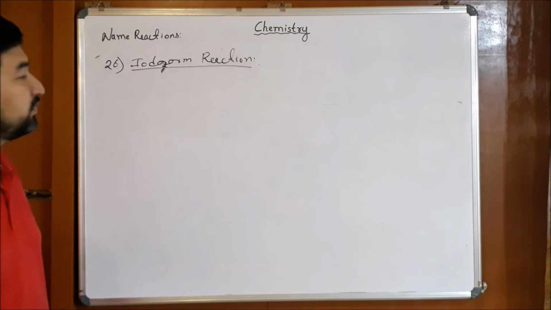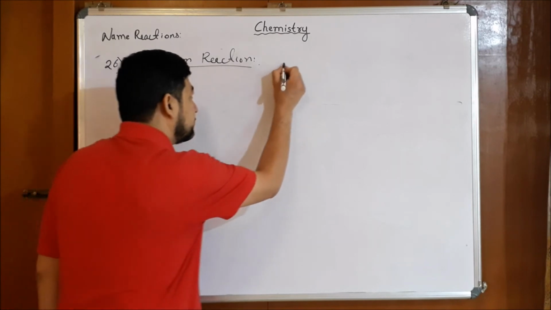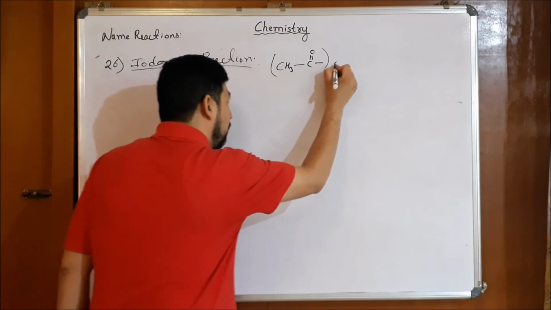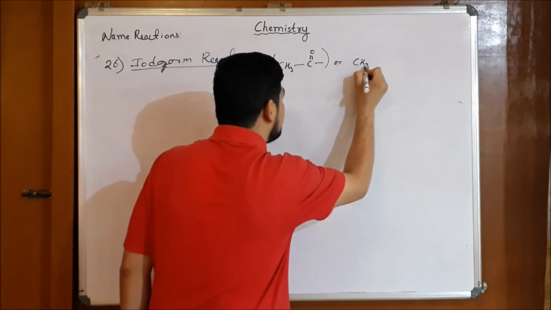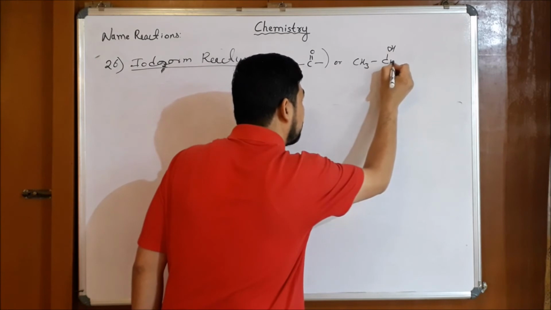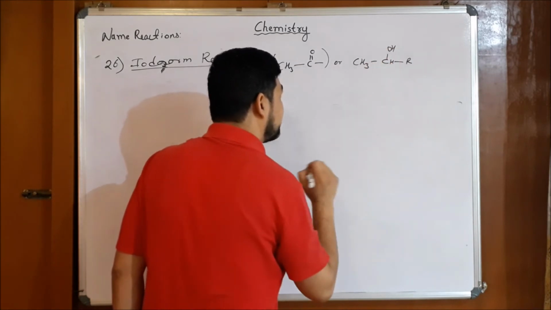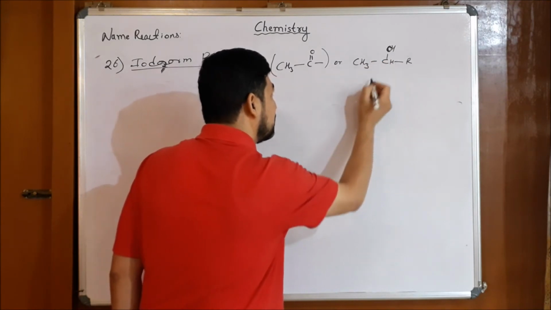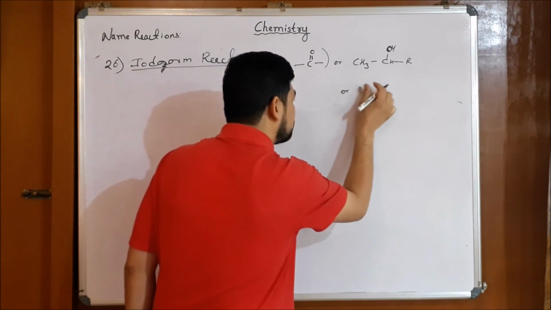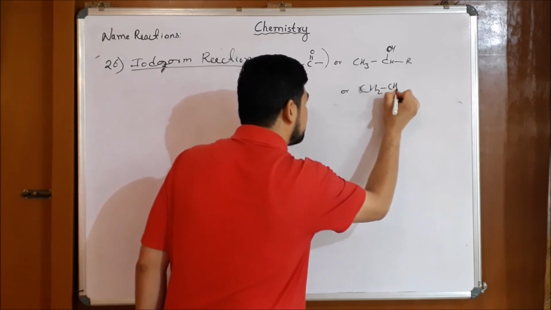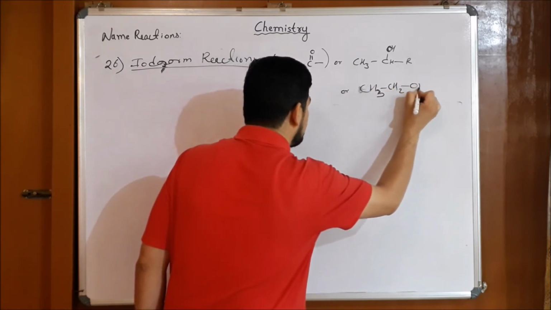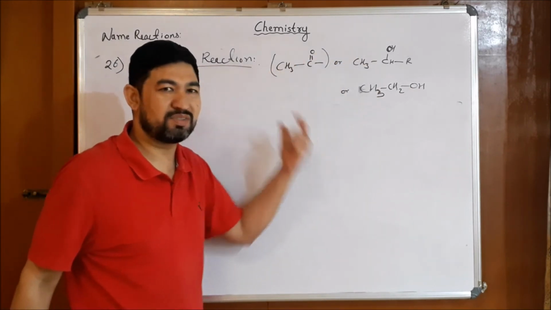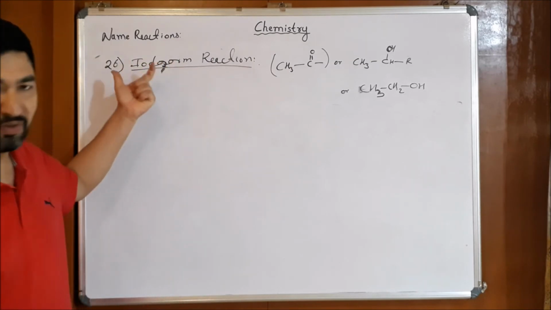The required condition for this reaction is the presence of this group, which we call methyl ketone, or it should have a secondary alcohol with OH on the second carbon, like CH3CH(OH), or even ethanol, CH3CH2OH. These compounds can undergo the iodoform reaction.